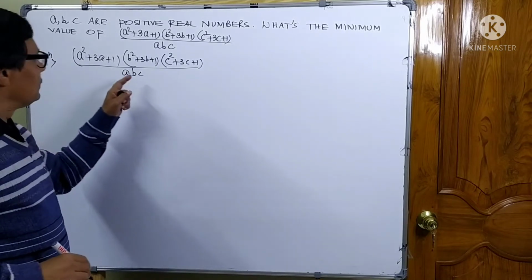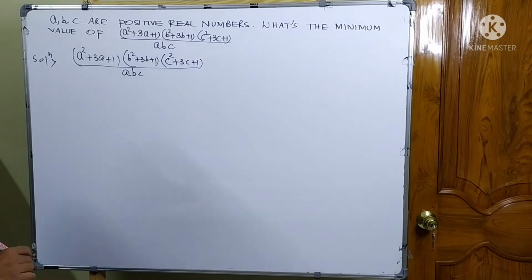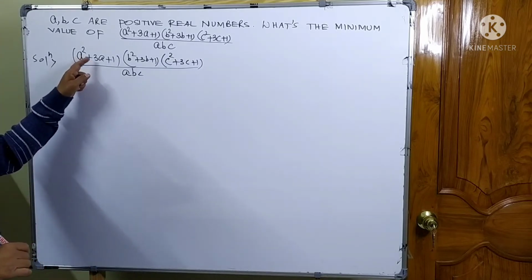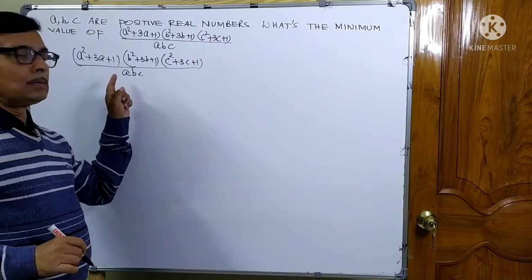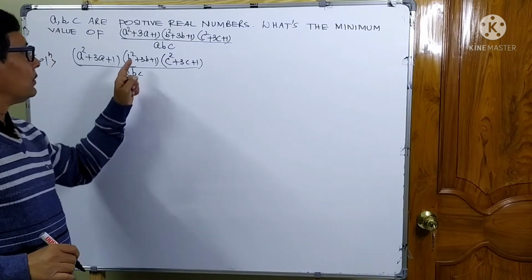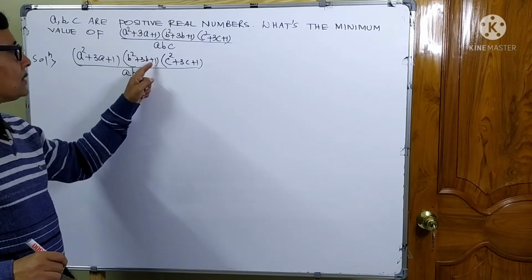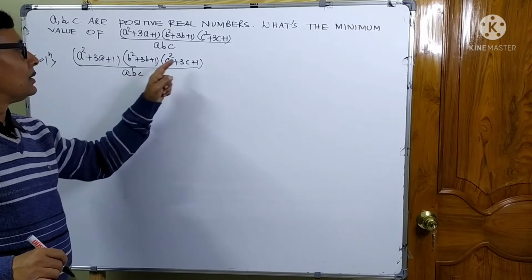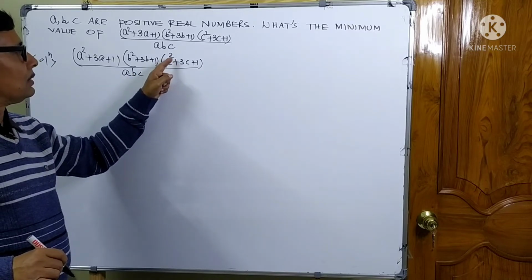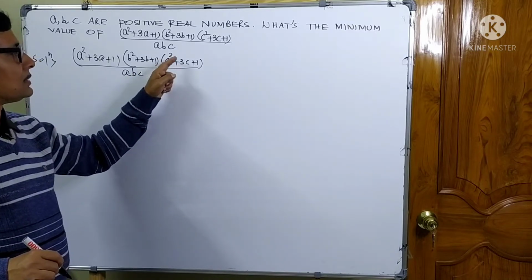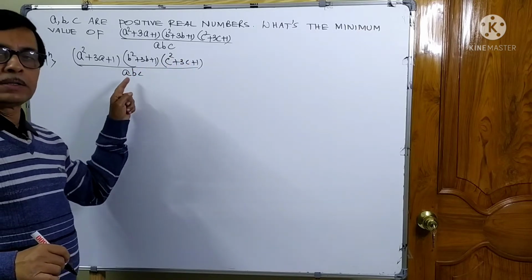Here we can divide a² + 3a + 1 by a, we can divide b² + 3b + 1 by b, and similarly we can divide c² + 3c + 1 by c.